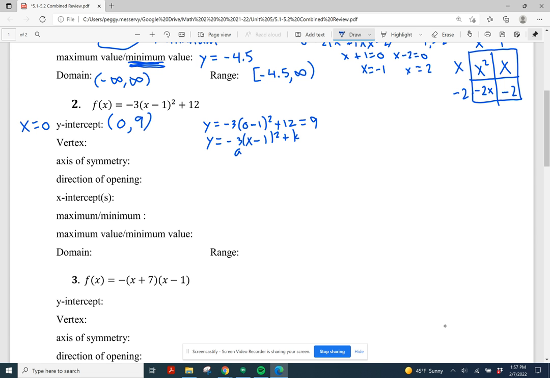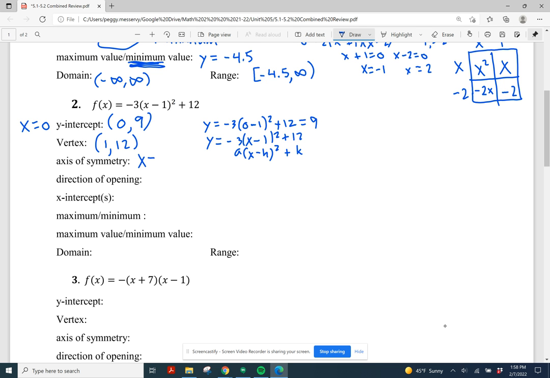Let me put those numbers in. Right? y equals a times x minus h squared. What are we subtracting from the x? We're subtracting a 1, so h is 1. What are we adding outside of the parentheses? A 12, so k is 12. So our vertex is 1, 12.